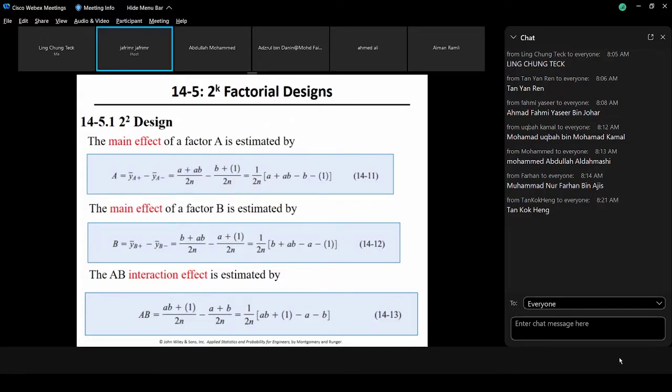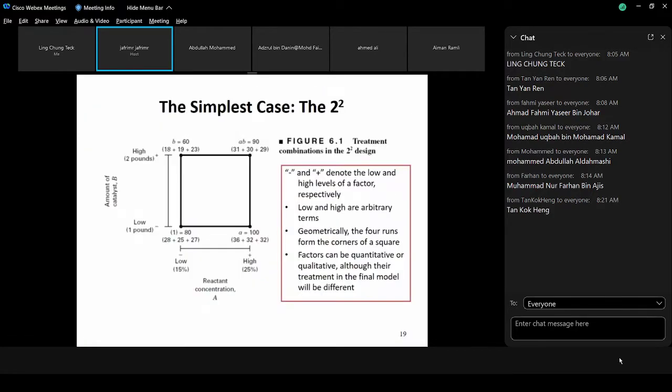To calculate the main effects, hold on a minute. Main effects. First, make it bigger. Pencil, right? Main effects of A.